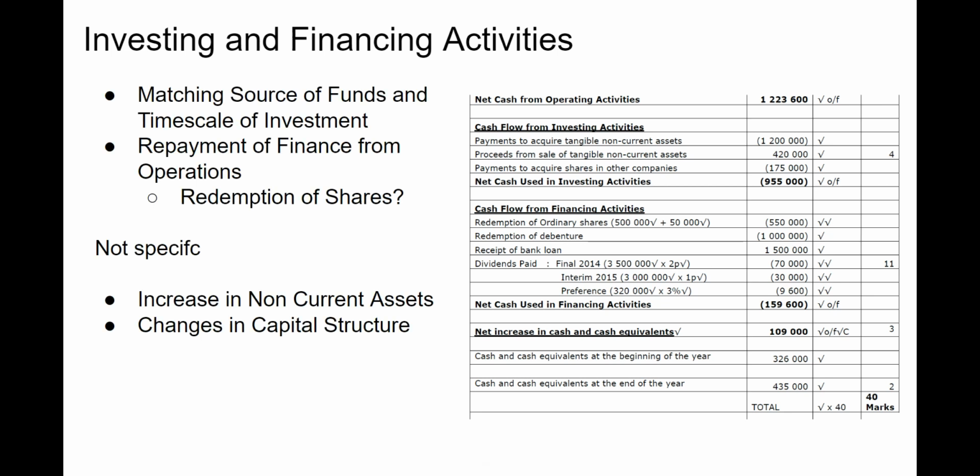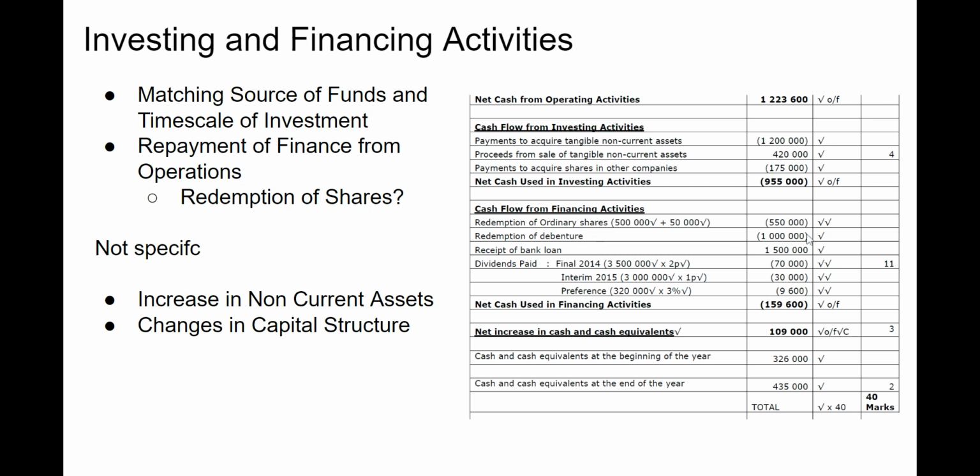So what I would expect is some kind of correlation between the loans coming into a business or the new shares that have been sold, and therefore generating funds for a business, and the asset purchases. Some of that funding can come from the cash generated from operations, but there's a clear link in these two activities.